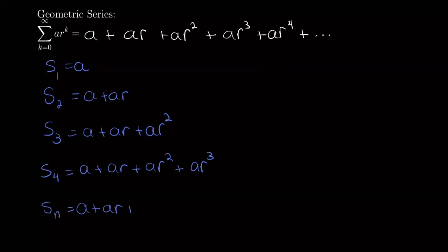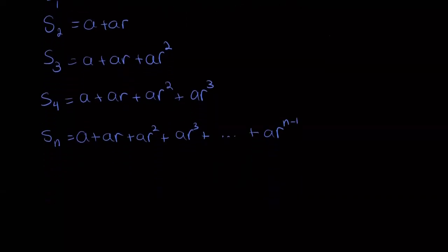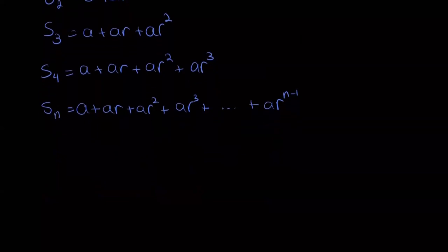So S sub n would go all the way up to ar to the n minus 1. Just notice that that index was 1 higher than that last exponent. Cool. All right. So now I have a formula for my sequence of partial sums.